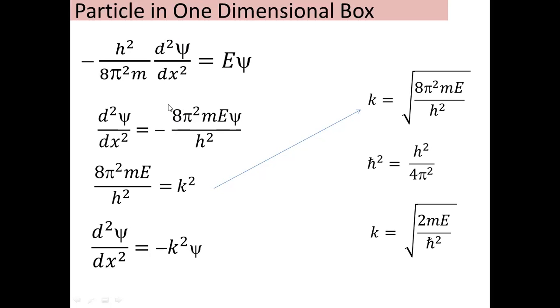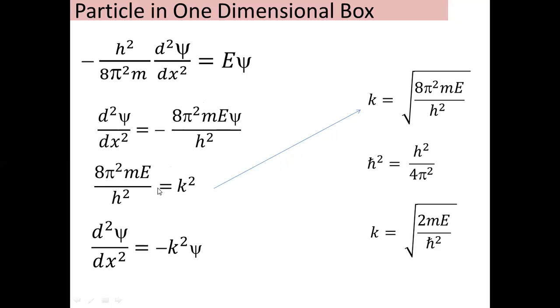Now, for simplicity, this whole factor, and you remember this was from our kinetic energy operator, 8 pi square m over h square, let's suppose this is equal to k square, because these are all constants. 8 is a constant, pi is a constant, the mass of the electron is a constant, and h is the Planck's constant. All these factors are constants.